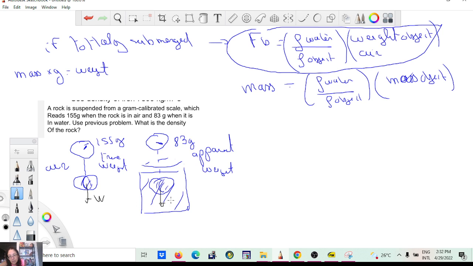So here you have W, here you have W, but now you have a buoyant force here, and also the tension. The tension is what you are reading there, pulling back. That's your apparent weight. So you can find the buoyant force by doing 155 minus 83, times let's say 9.8 here.